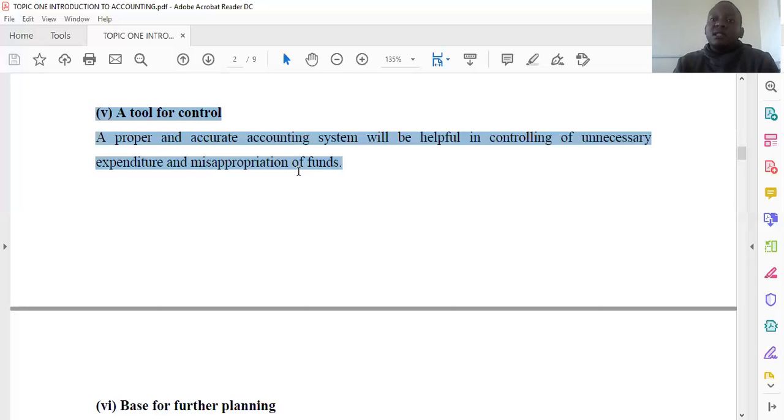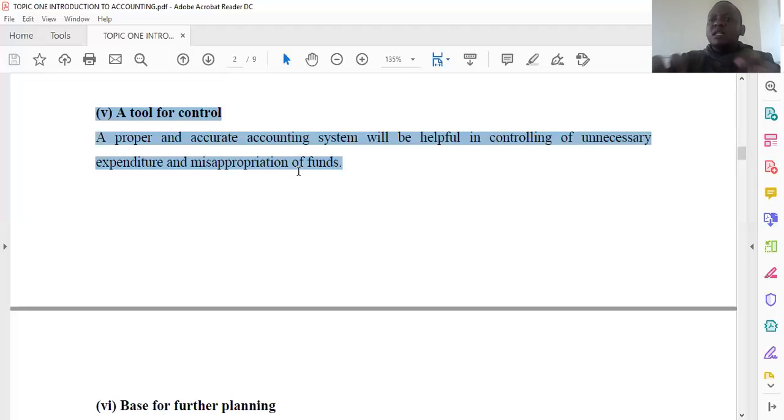The same case applies for organizations. They all need to do some control, to reevaluate themselves and determine whether they are on the right path of achieving their objectives or not. If they are not, they do some corrective activity to help them revert to the path of, say, profitability. So accounting will facilitate control in an organization, because if an organization is making losses, we need to know where the losses are coming from, and the financial statements can show that.